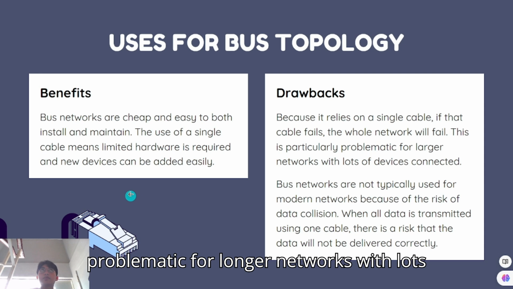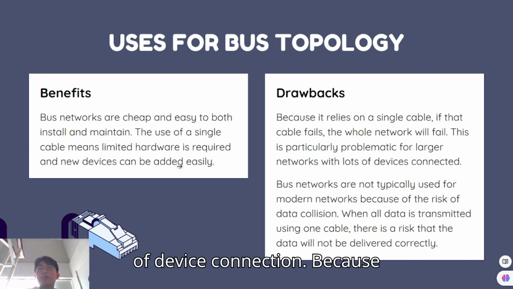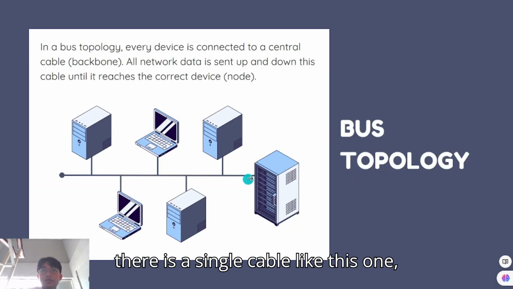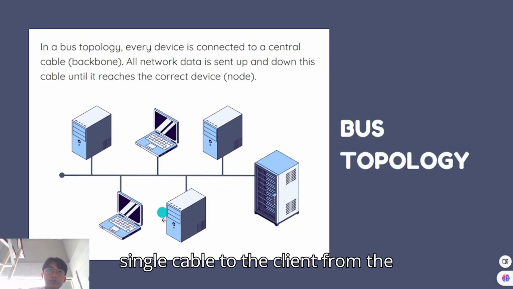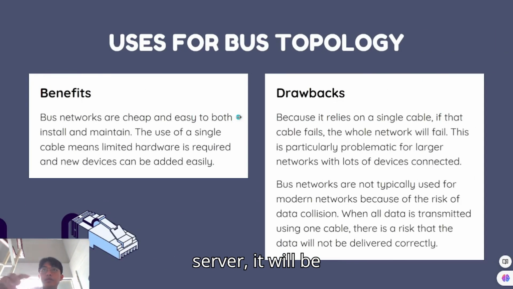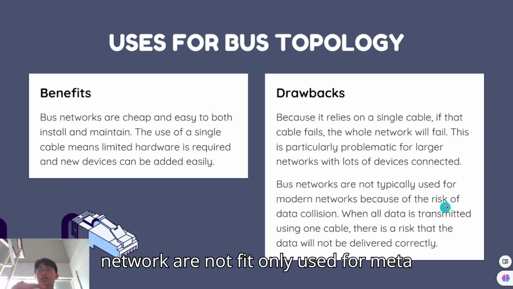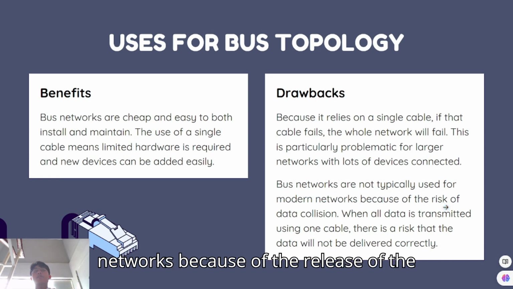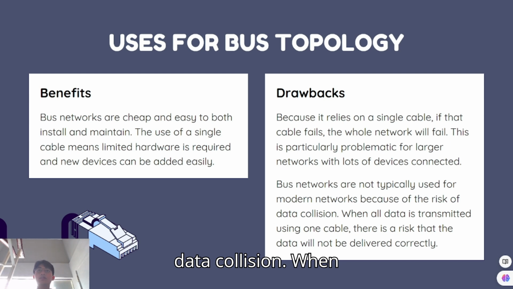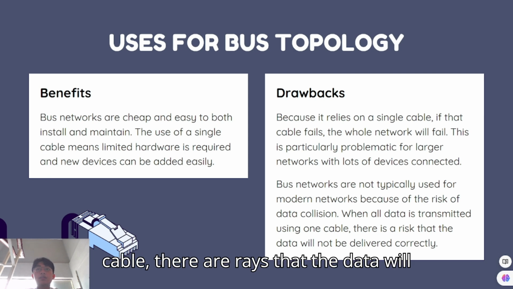This is particularly problematic for larger networks with lots of devices. Because there is a single cable from the server to the clients, it can easily break or fail. Bus networks are not typically used for large networks because of the risk of data collision. When all data is transmitted using one cable, there is a risk that the data will not be delivered fully.